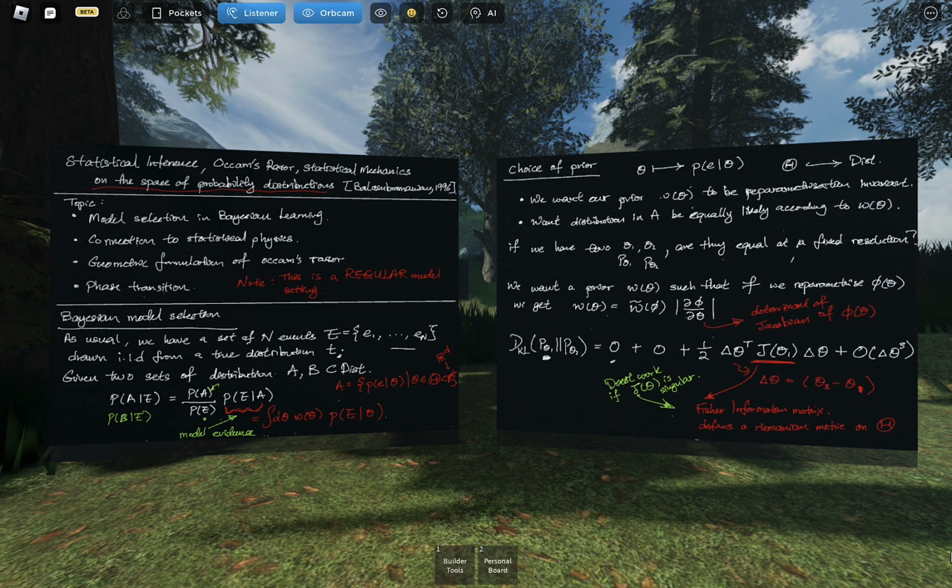Okay, so using this, we define our reparametrization invariant prior to be the Jeffreys prior, which is defined by the square root of the determinant of this metric, but obviously normalized so that it is actually a density.